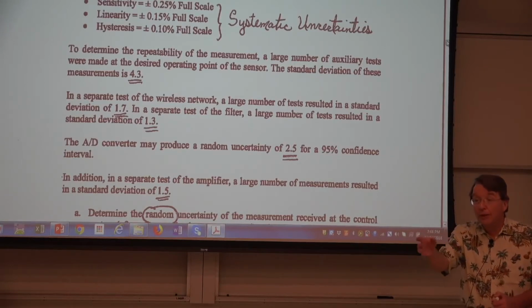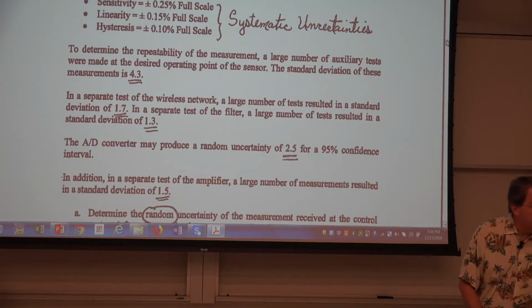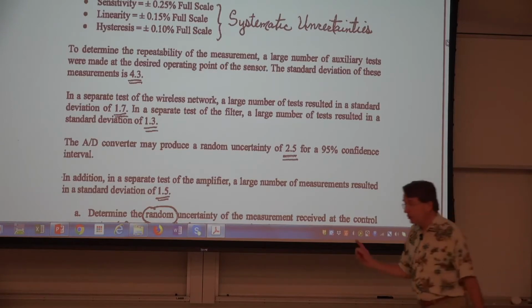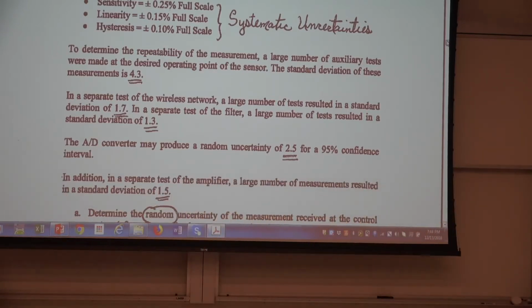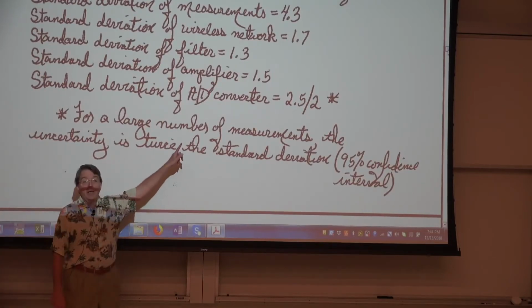We got that from the Gaussian table. And the author says, forget 1.96, just remember 2. So what we do is we say, great, and I have it written down in the solution here, the standard deviation of the A to D converter is 2.5 over 2.